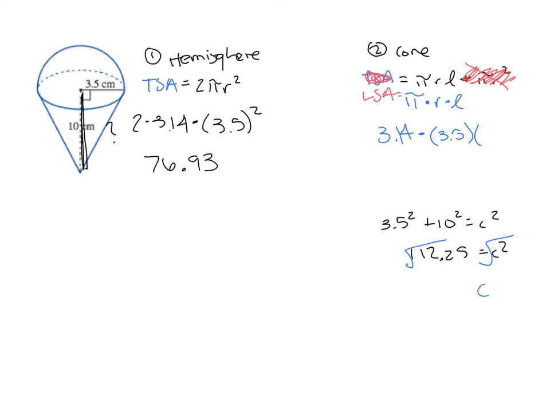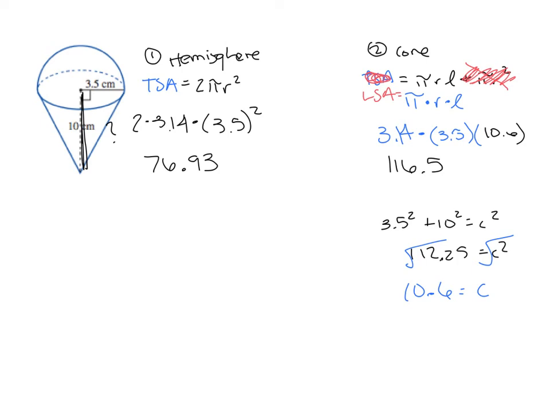Last step, take the square root of that number. And we end up with 10.6. So the slant height, we will say 10.6. So when I multiply 3.14 times 3.5 times the 10.6, we get 116.5.